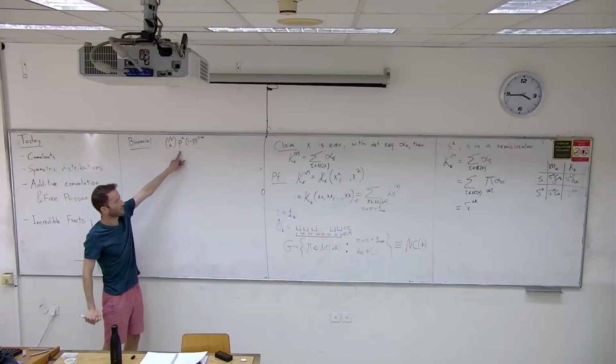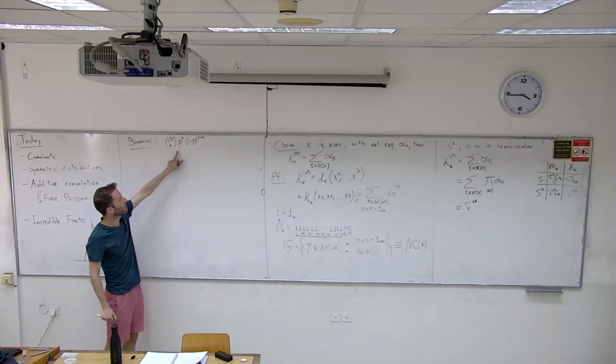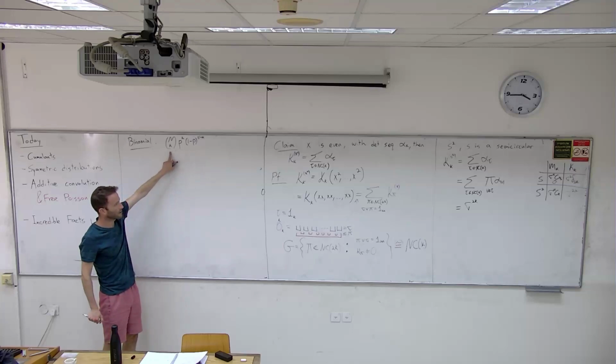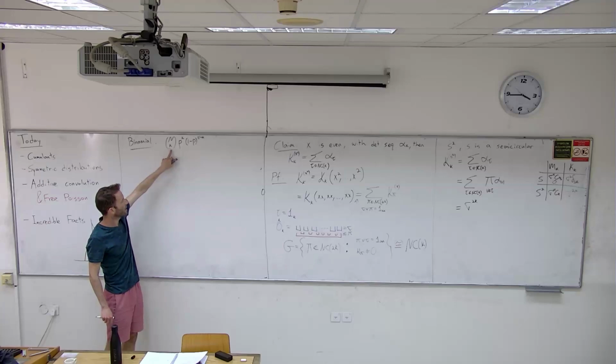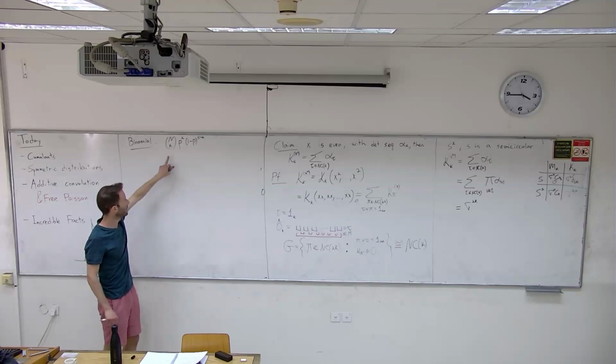Here p is some probability between 0 and 1, and we think of k as the number of occurrences of the thing we're counting.